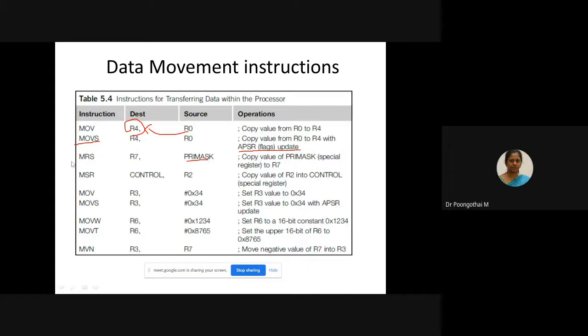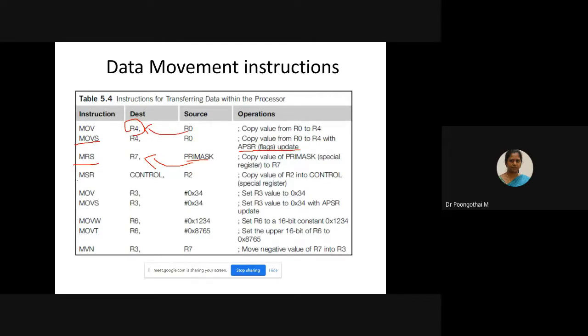So the purpose of this MRS instruction is to move the content from a special function register to a general purpose register. So that is the purpose. Special registers to general purpose register. This is a very important instruction to access all your special function registers.